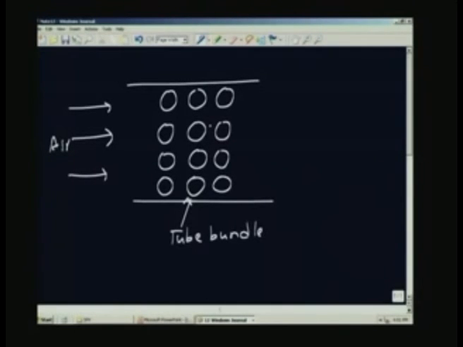and I can, for example, to find out the heat transfer coefficient variation within this tube bundle, this can be a cylindrical gauge. I am not heating the air, this is cold air, the cold air stream is coming in, and what I am doing is I am putting in a small amount of heat through the gauge.